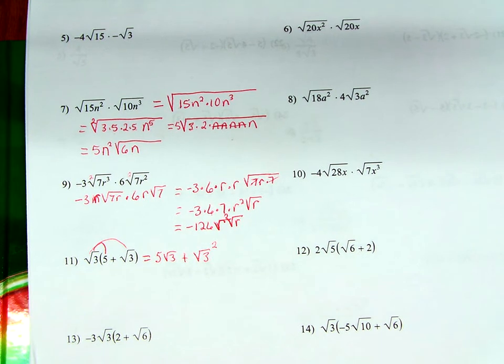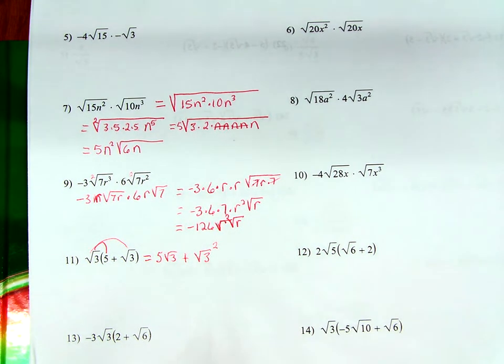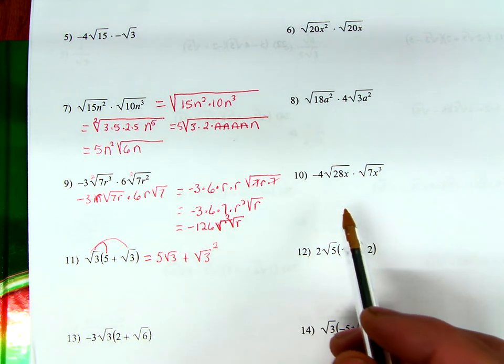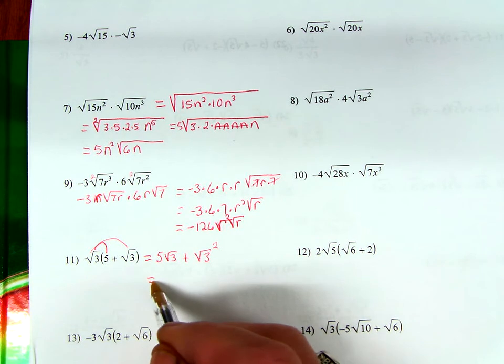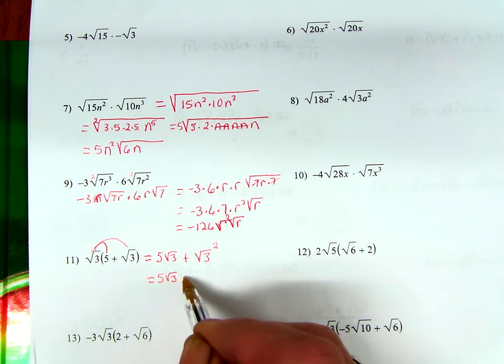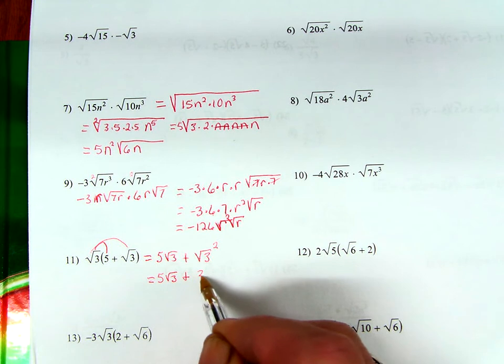Well, an interesting thing happens when you square a square root. It makes the square root symbol disappear. So this turns out to be 5 square root 3 plus 3.